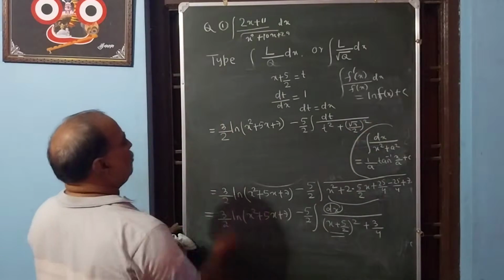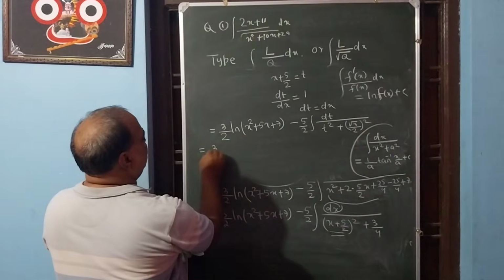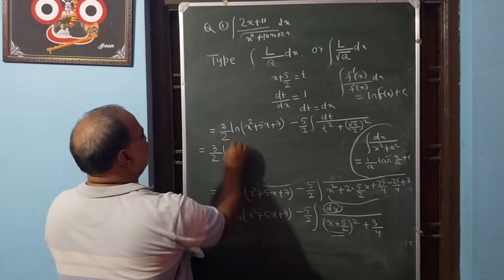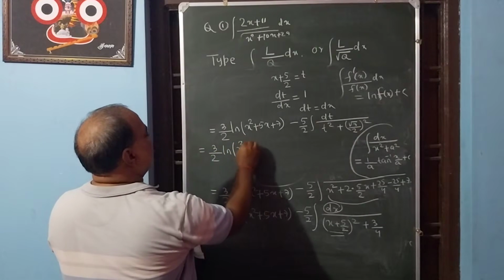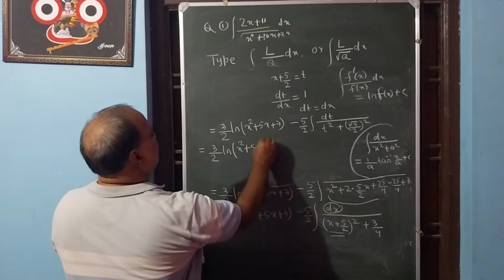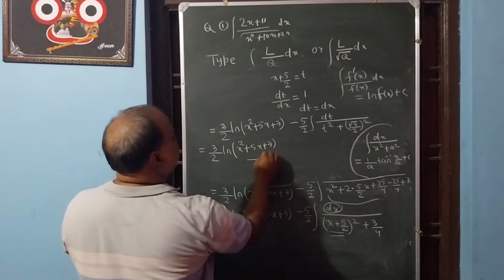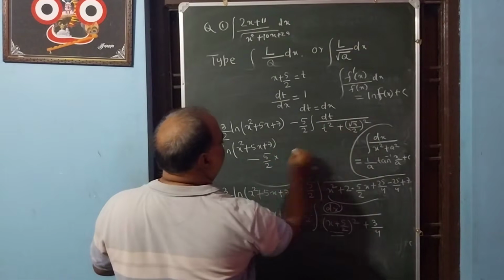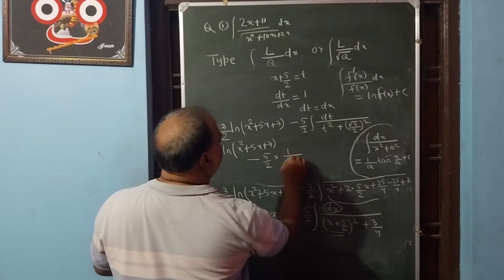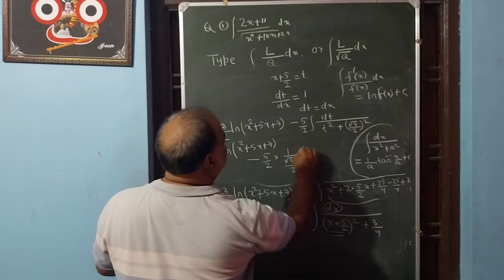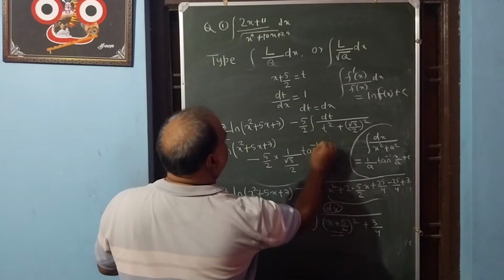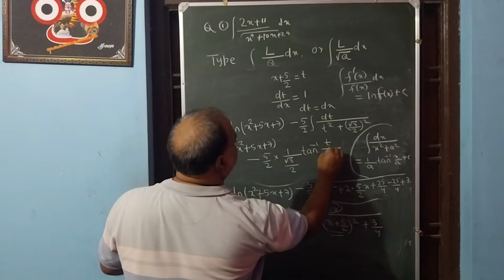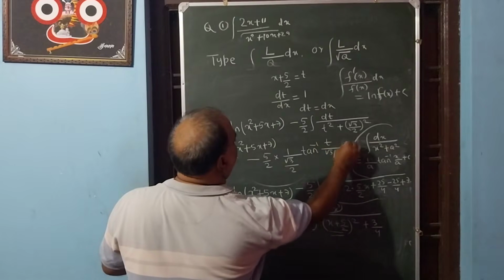So applying that formula, 3 by 2 ln x square plus 5x plus 7 minus 5 by 2 into 1 by a, 1 by root 3 by 2 tan inverse t by root 3 by 2 plus c.